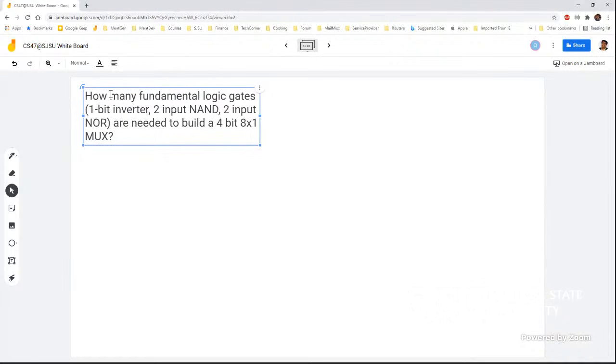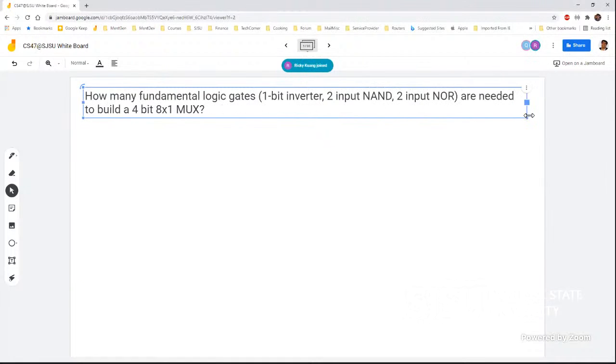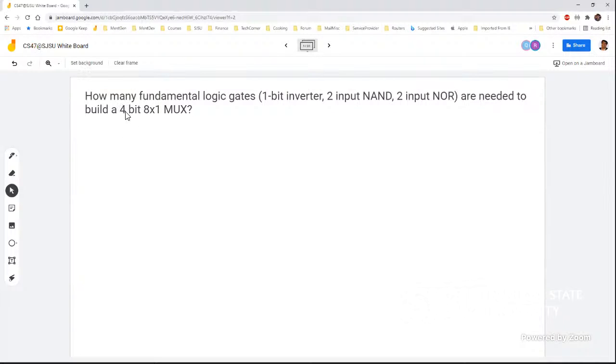We need to compute how many fundamental logic gates, which are 1-bit inverter, 2-input NOR, and 2-input NAND, are needed to build a 4-bit 8x1 multiplexer. Let's do this in groups, and then we'll discuss the result.